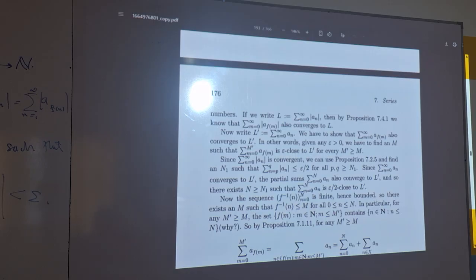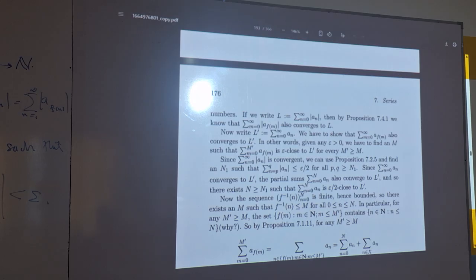Or maybe the way I am thinking is incorrect. Let n belong to N be arbitrary. You say clearly f inverse n. I don't understand even this thing.